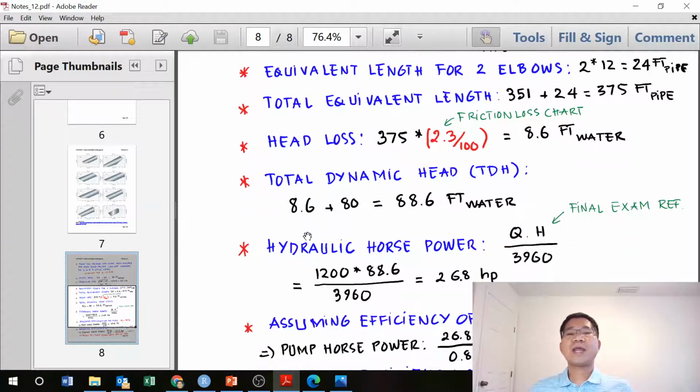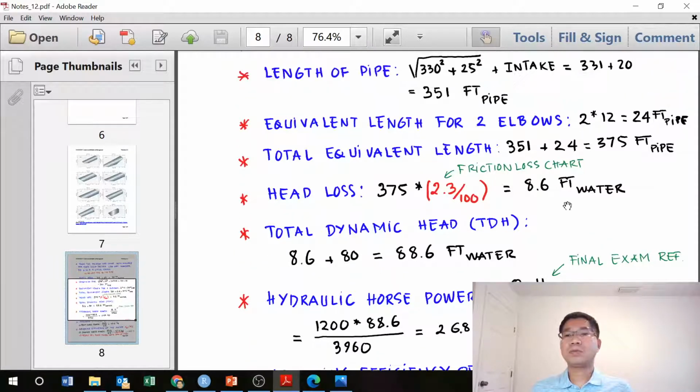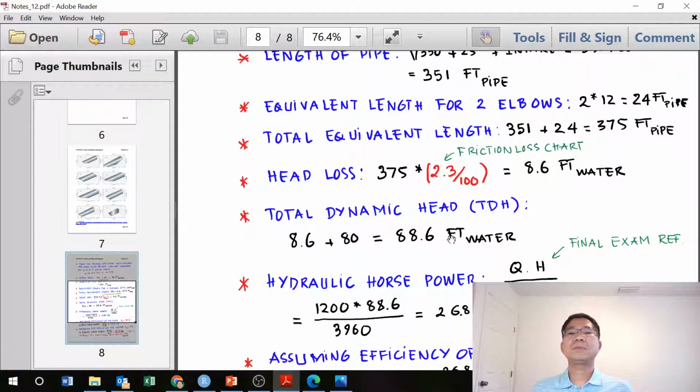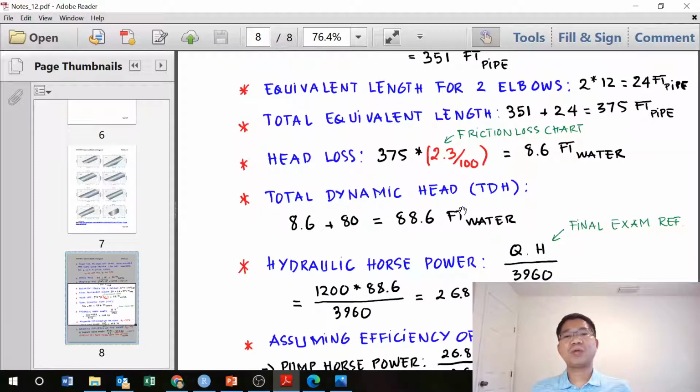So from that we can get the total dynamic head based on the definition. It will be equal to the head loss plus the static head, and we get 88.6 feet of water required for the total dynamic head.